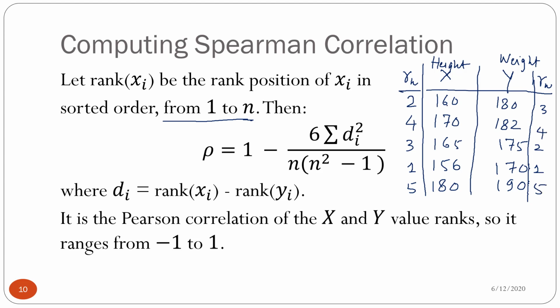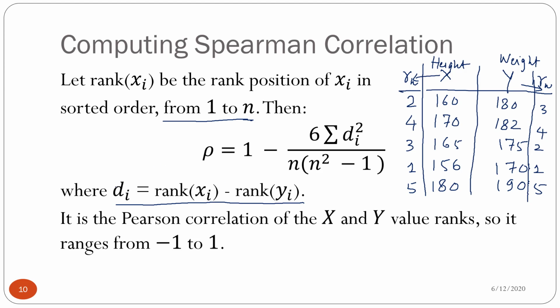From the values that you have for x and y, you need to come up with the ranks for x and ranks for y. So this is the rank for x, and here the rank for y is right here. And then you have to compute the difference in these ranks. So there should be another column where you'll find 2 minus 3 or 3 minus 2, 4 minus 4, 3 minus 2, 1 minus 1, 5 minus 5.